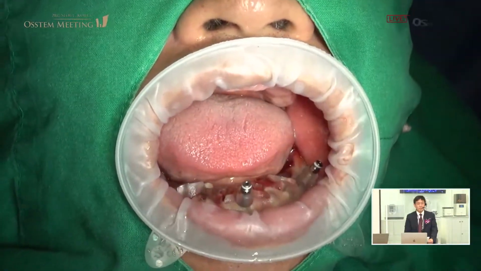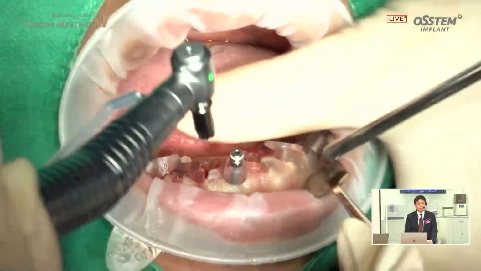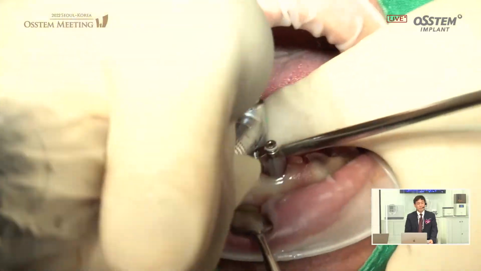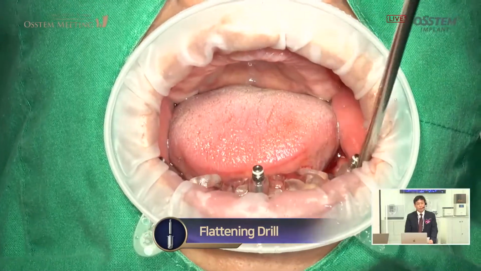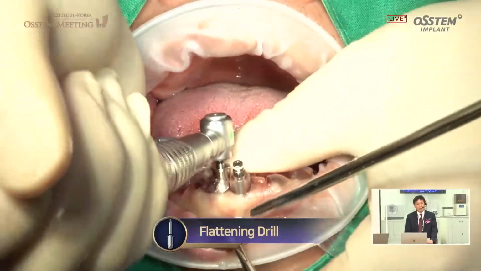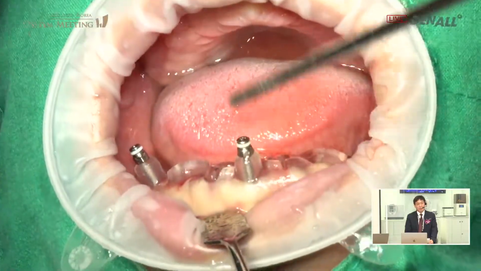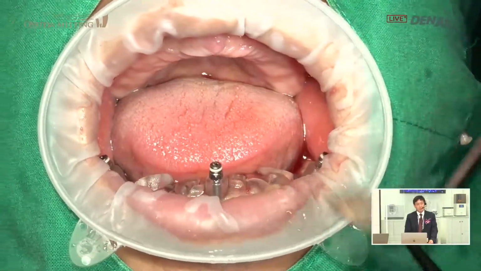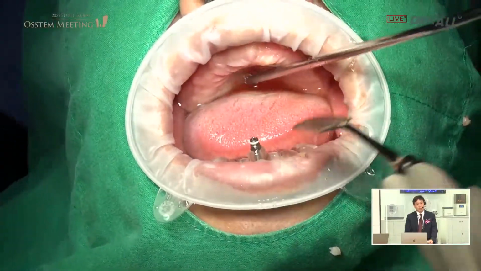Flattening drill is going to be used to make the bone flat and secure. I'm going to secure biological width. Since we plan to place implants slightly deeply, the flattening drill is used to flatten the alveolar bone, numbers 42 and 32.